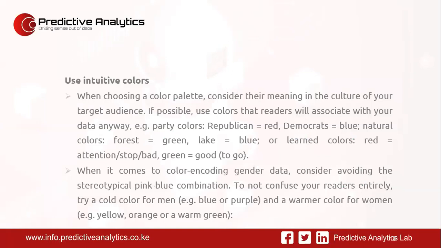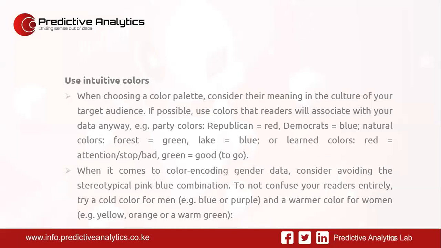The other point, you use intuitive colors. Intuitive means colors that people associate with, for example, certain events or certain parties. So when choosing a color palette, consider their meaning in the culture of your target audience. If possible, use colors that readers will associate with your data anyway.